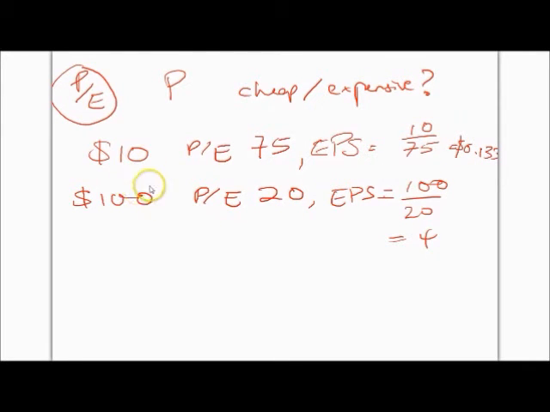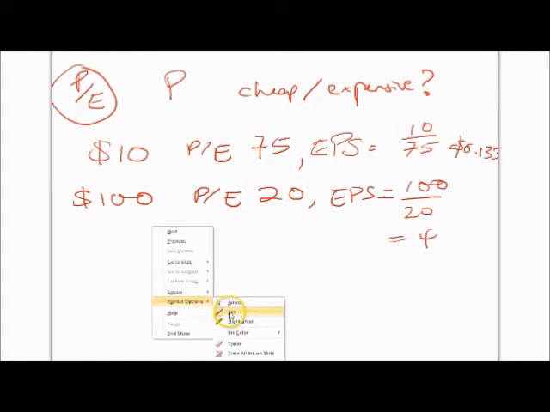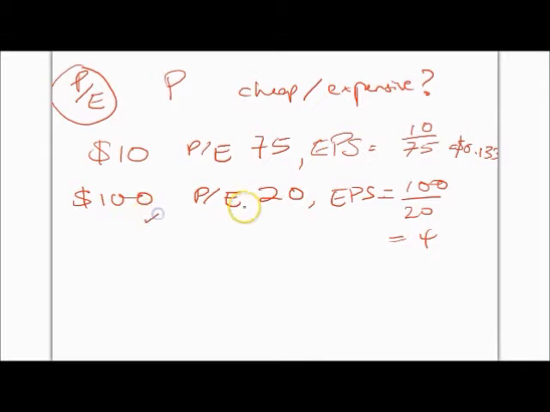So although the stock price is 100 over here, looking at the PE, given that it's only 20, we can calculate that earnings per share is $4, which is much higher compared to this. So in this case, though the stock price is more expensive, it's actually a cheaper stock, because of the high earnings per share.